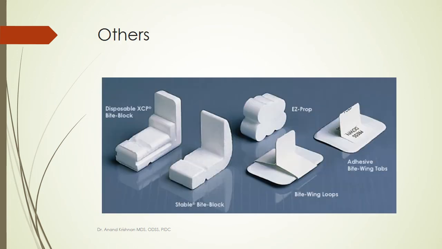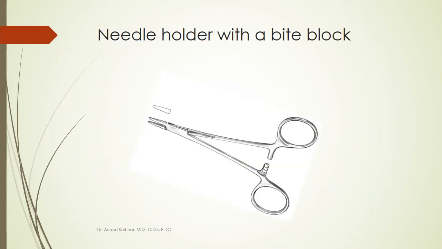Apart from that, blocks like this are available, especially the one you see on the far left side. You just place the film, put it inside the patient's mouth, and ask the patient to bite, and once the patient bites, it is held in position. If the patient is edentulous, you can still use a modified needle holder which comes with a bite, though it is not a very popular choice or commercially available.